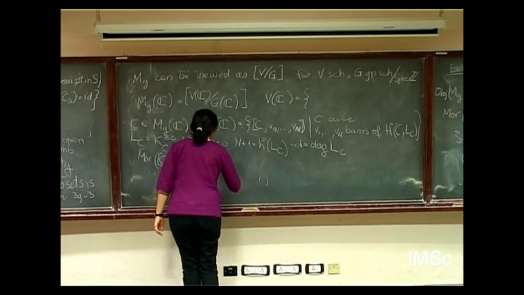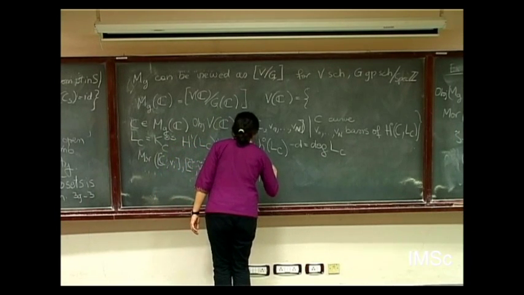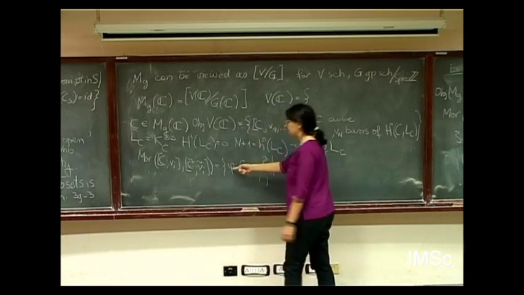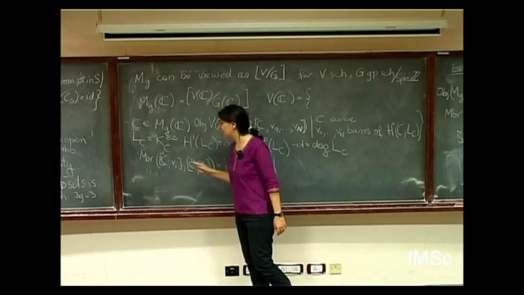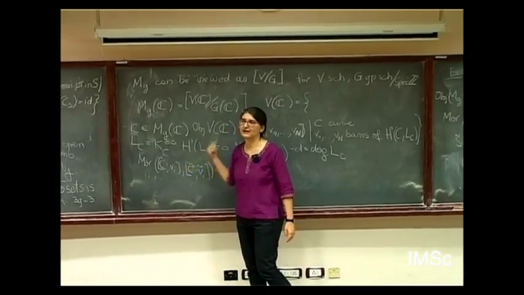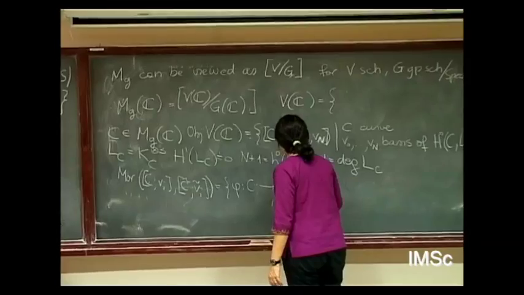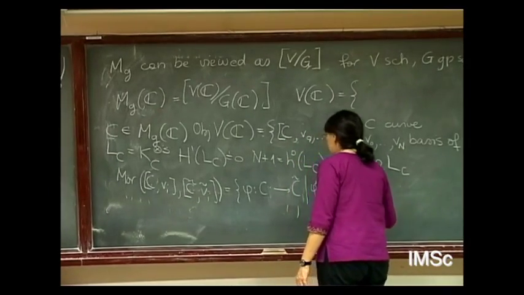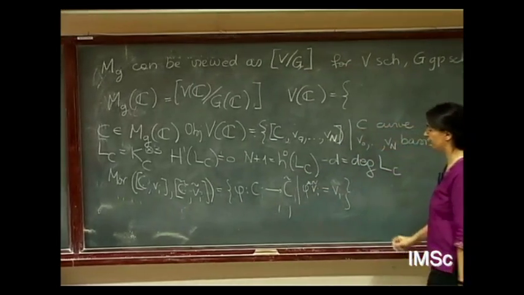Well, these are the set of phi from C to C twiddle such that there is a canonical isomorphism between the pullback of L_C twiddle and L_C. So in this isomorphism, I require that the pullback of v_i twiddle is v_i for all i.